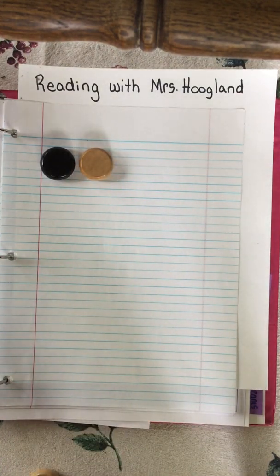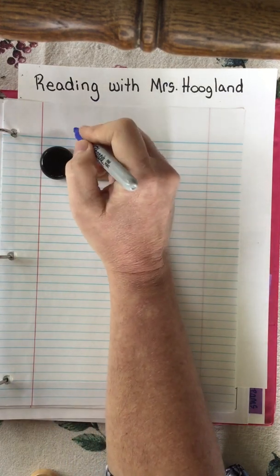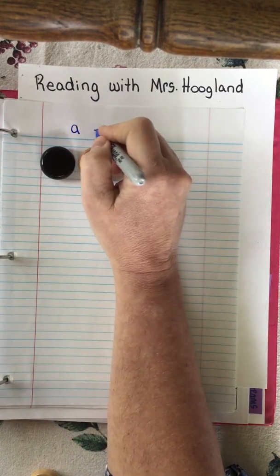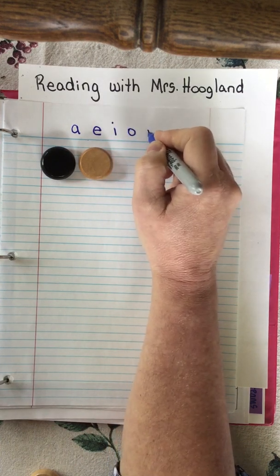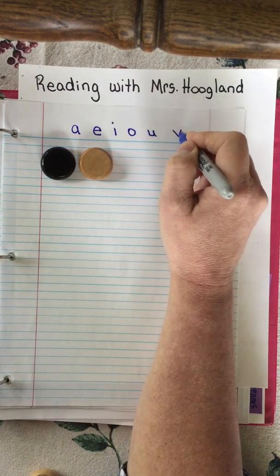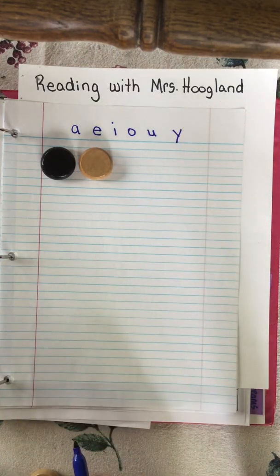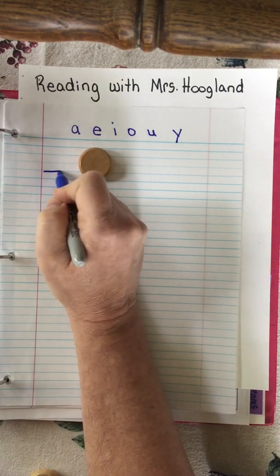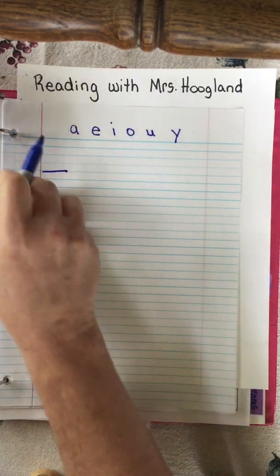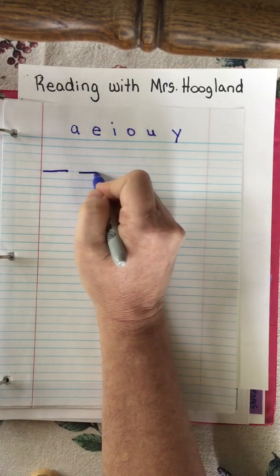I always need to know that my vowels are A, E, I, O, U, and Y if it's not at the beginning of a syllable. So if I heard ed, I heard eh. That's my first one right there. And then I hear d right here.